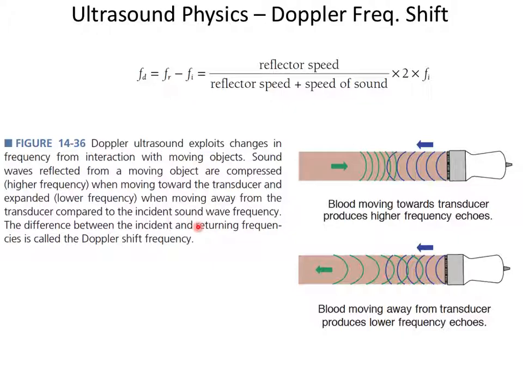On the other hand, if this surface is moving away with a velocity v, I ping at 20 megahertz, I hit the object that's moving away from me, and then receive my ultrasound signal back. It will be 20 megahertz minus an amount that is linearly proportional to that velocity.